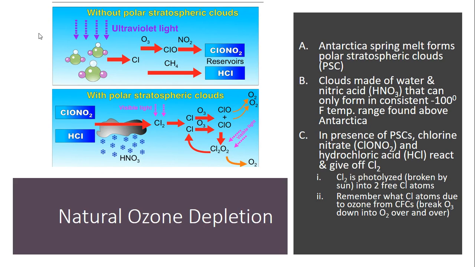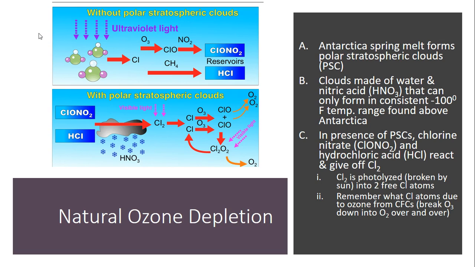Where do we see the ozone thinning impact the most on Earth? It's actually at the poles. Part of the reason why, especially at Antarctica, is that during springtime when the snow begins to melt, that water evaporates and rises up into the atmosphere. Those clouds are going to consist of compounds like water, nitric acid, and potentially chlorine atoms from CFCs. In this combination, we call these polar stratospheric clouds.